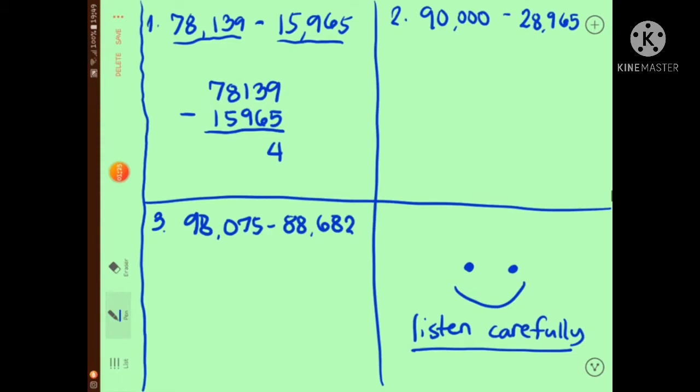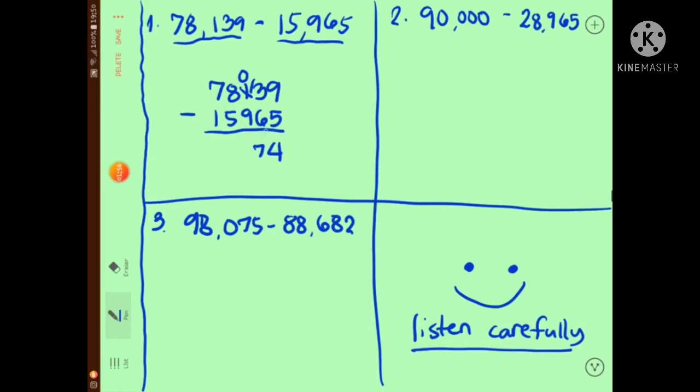We need to borrow from the next number, which is 1. So 1 will become 0, and then 3 will become 13. Am I correct? Yes. Okay, so 13 minus 6. We have 7. Correct.